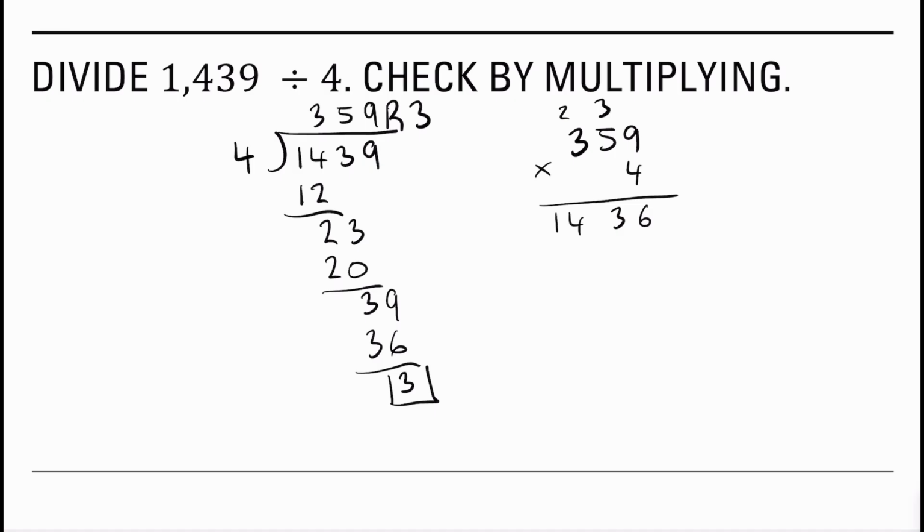So we get 1,436. Now we add back that remainder, and so then we end up with 1,439, which is our dividend. So we don't do anything with the R3 until right at the end. We calculate 359 times 4, and then we add back the 3.